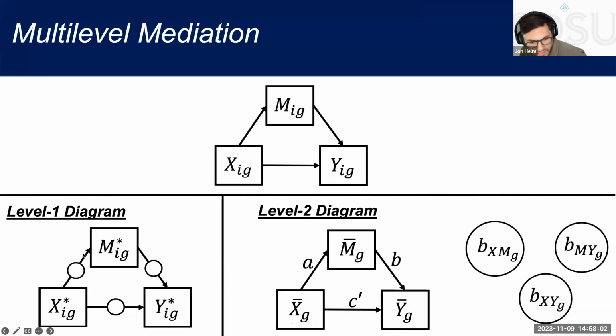And then you can look at individual level associations between X, M, and Y. And these associations, they can vary across clinics, and we'll get them as separate variables that we can analyze over here if we want. Right, so it's the separation of the between and the within part that's the most important. And then we get that separation by looking at these averages for level 2, and then keeping our group mean centered variables at level 1, and then modeling those differences.